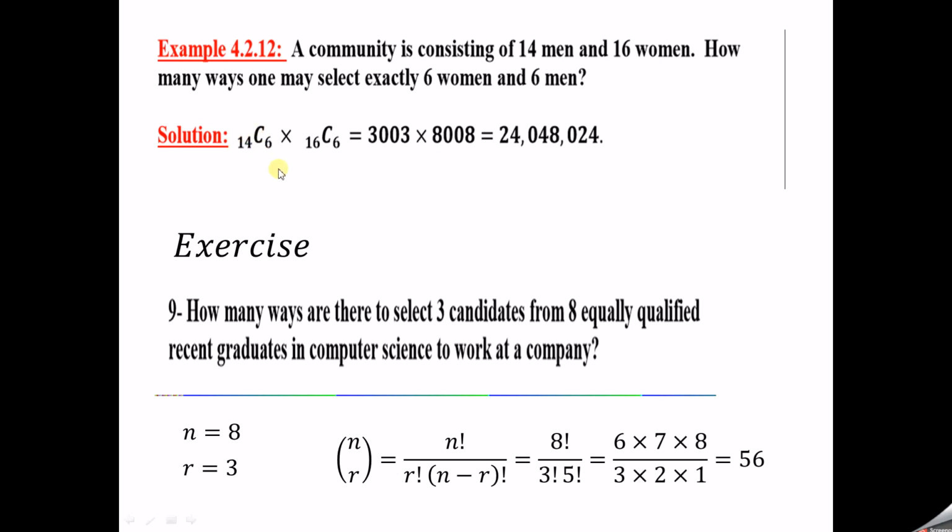The product of these two is 3003 times 8008, which gives us 224,048,024. So this is the number of ways of selecting 6 men from 14 men and 6 women from 16 women.